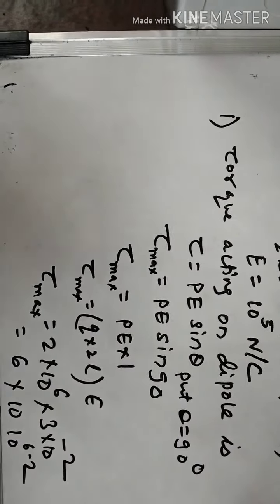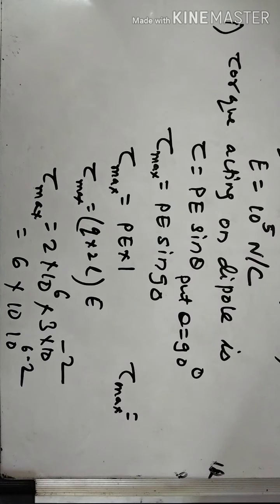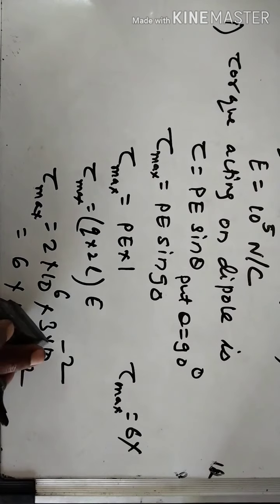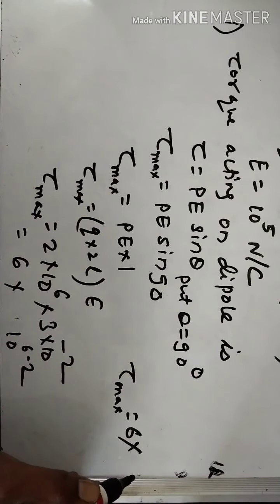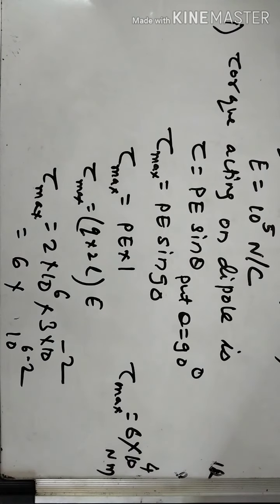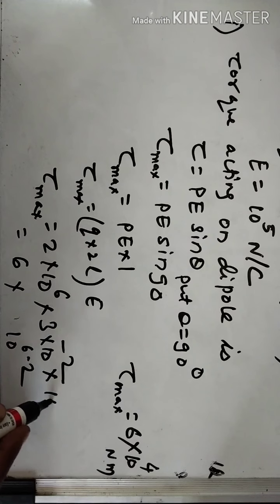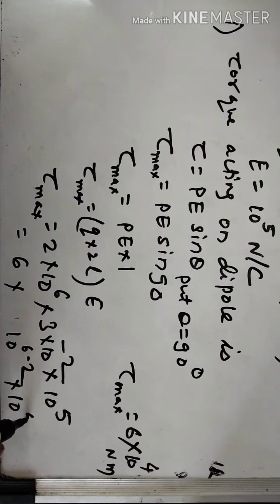So this one is in Newton meter. What is electric field? Electric field is 10 to the power 5. Sorry, E is there. So that is 10 to the power 5.